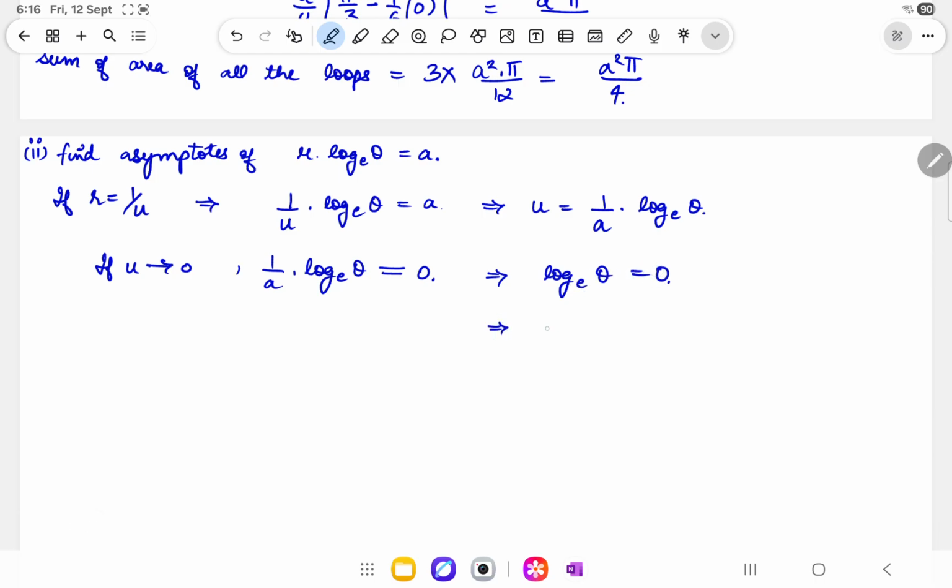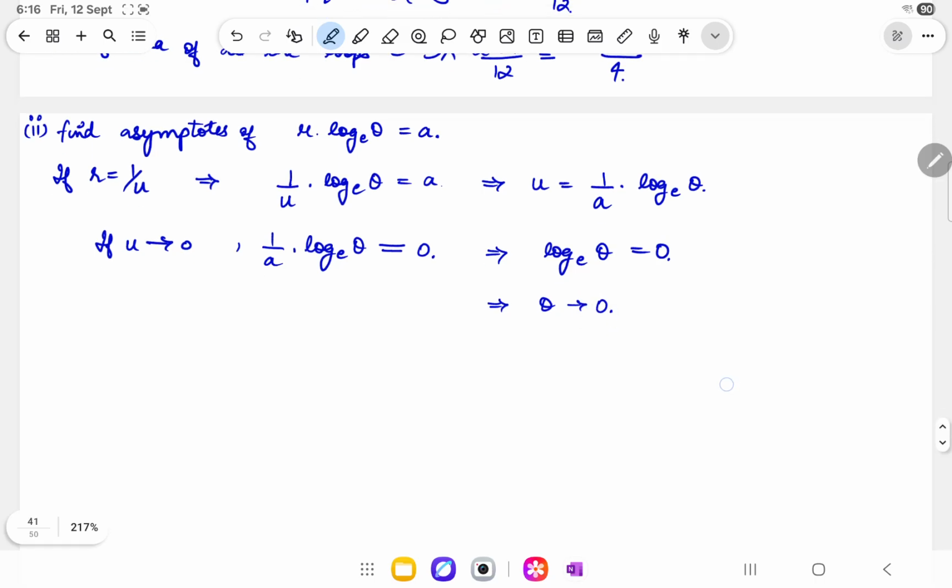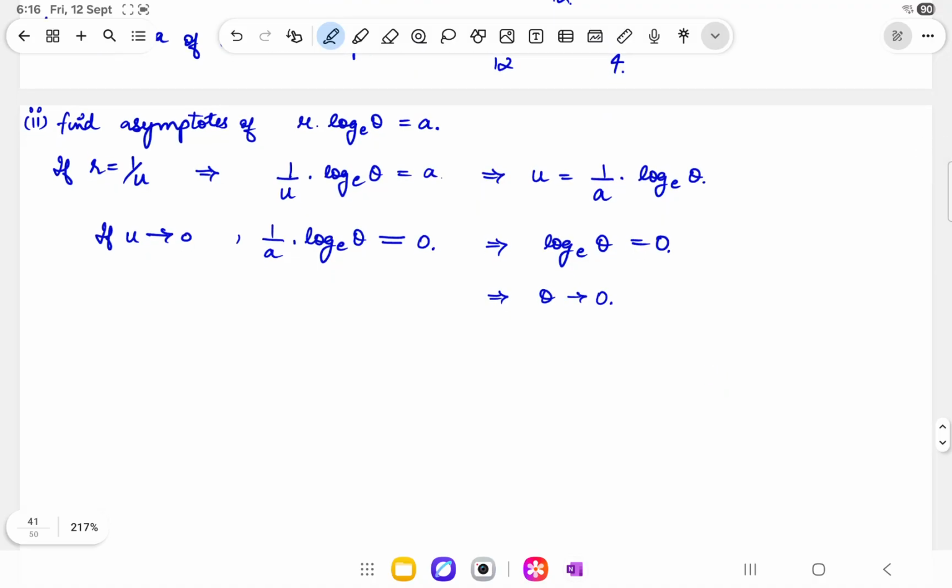So we know that if theta approaches 0, then my log e theta... Sorry, my bad. Theta will be basically approaching 1, because if this is equals to 0, I can write it as log e theta is equals to 0, so theta is equals to e raised 0, that is 1.